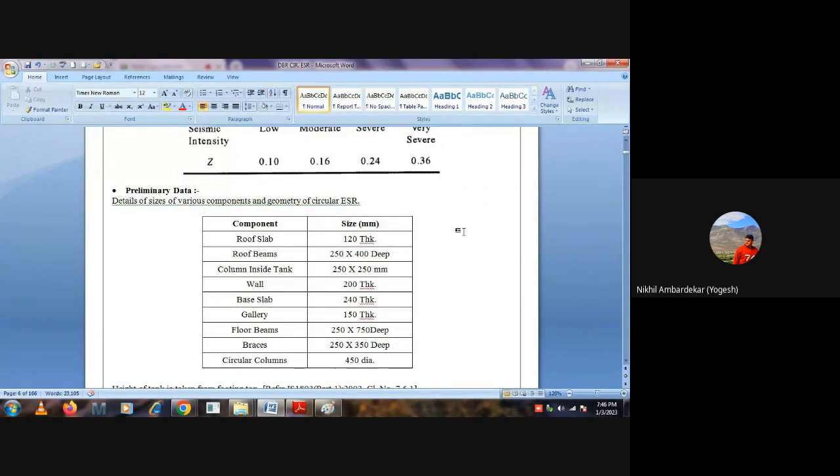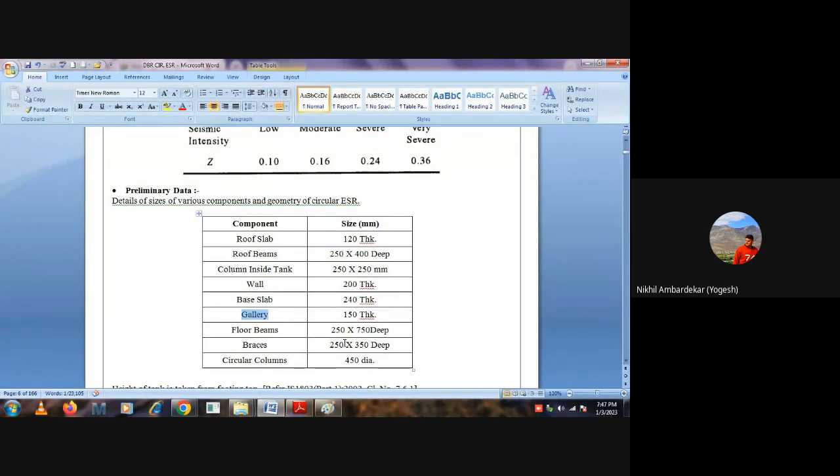Now this is some preliminary data that we have collected together as a summary. The roof slab thickness we assume 120 mm. The roof beams are 250 by 400 mm deep. Column 250 by 250. Walls 200 mm thick. Base slab 240 thick. Gallery, meaning the circular cantilever slab, is 150 mm thick.